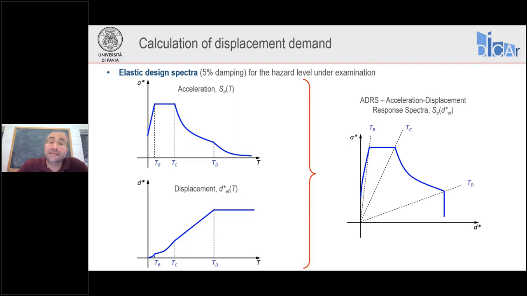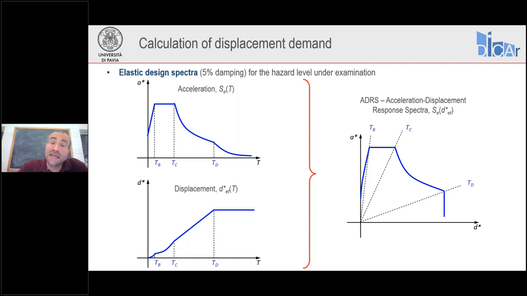And this makes this spectrum directly comparable with the capacity spectrum of the oscillator, because they're both expressed in terms of A star and D star. Se, the acceleration demand, the spectral acceleration, corresponds to A star. And the spectral displacement, Sde(T), corresponds to D star. So the two things are now directly comparable.